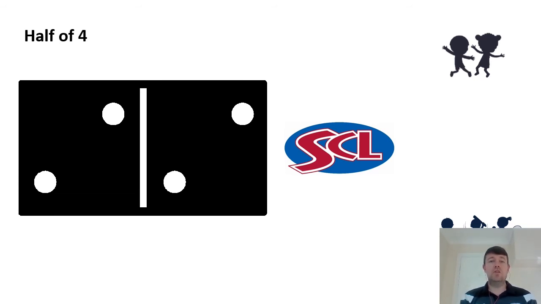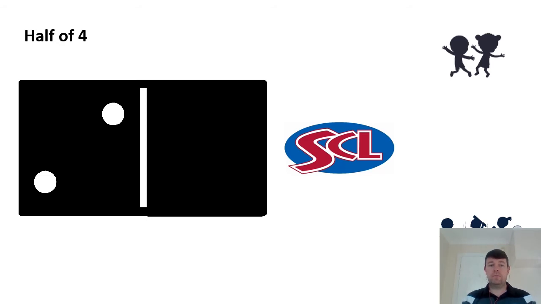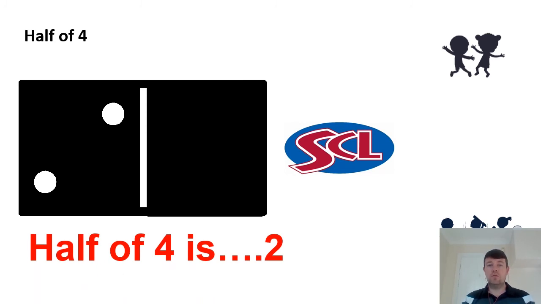And then you can use a separate sheet of paper, you can use your hand, anything, and what I want you to do is cover half of that domino. So cover 2 of the spots to look like this. And then how many spots are we left with? Of course, it's 2. So half of 4 becomes 2.